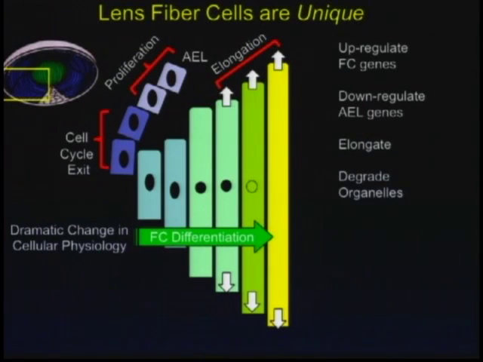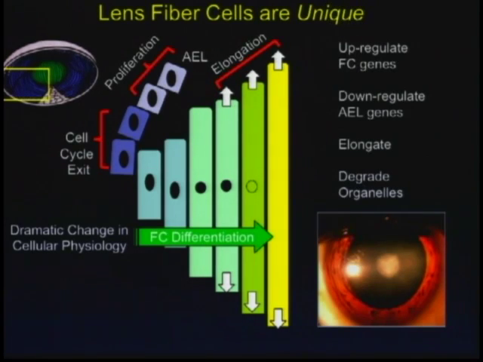The other challenge that the lens fiber cell has is that as it's differentiating, it also has to elongate and fill up this vesicle, and it has to make all the transcripts and then translate them into proteins before all of its nuclei and subcellular components are degraded, and it ends up being a massive bag of crystallin proteins. So needless to say, when these processes are hampered, you end up getting an opacity which is termed cataract.